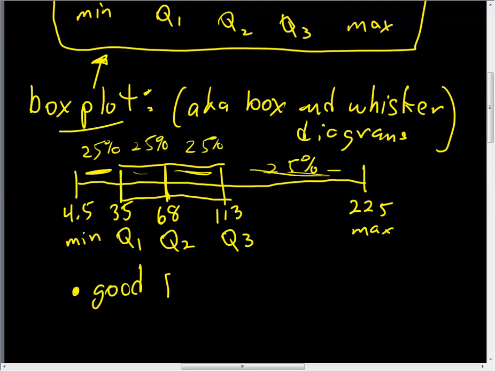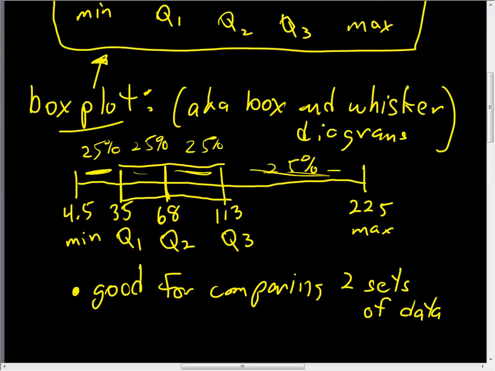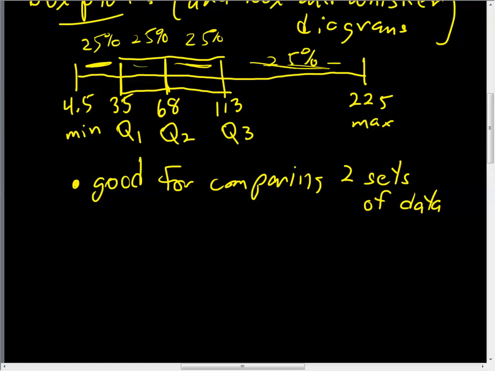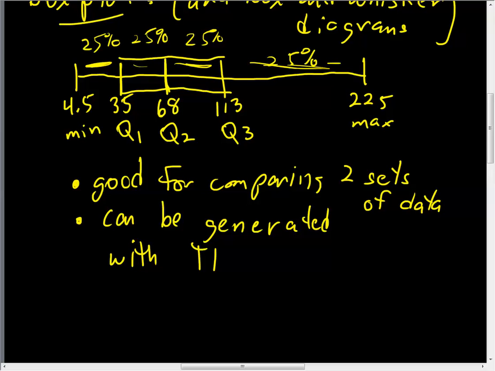Really, box plots are good for comparing two sets of data, and you can do it very quickly and tell a lot about the two sets just by looking at box plots of the two data. As we'll see, they can be generated very easily with the TI-83 and 84 calculators.